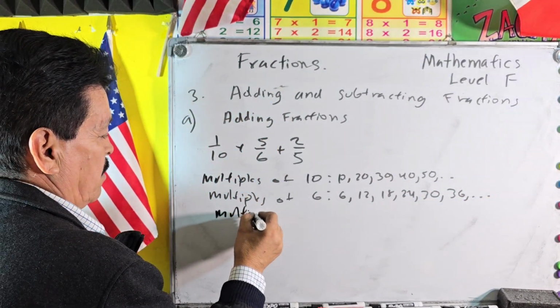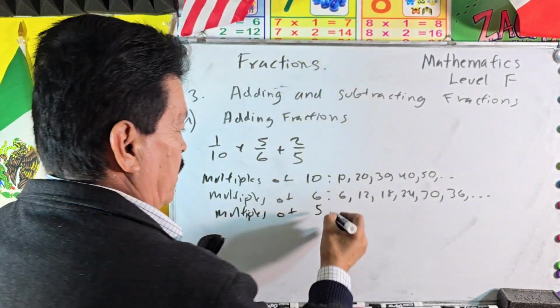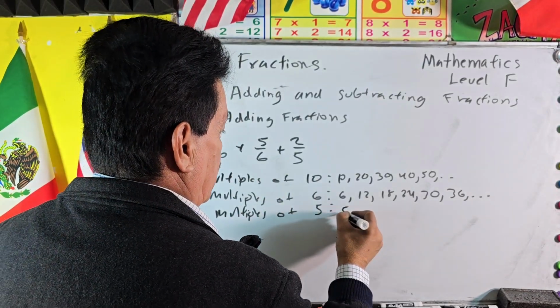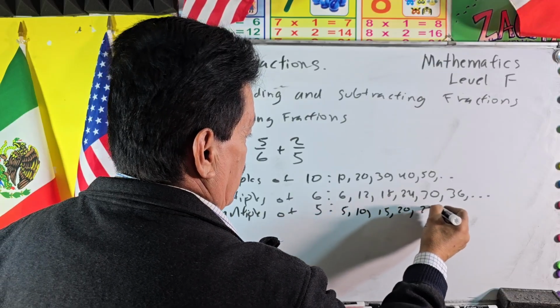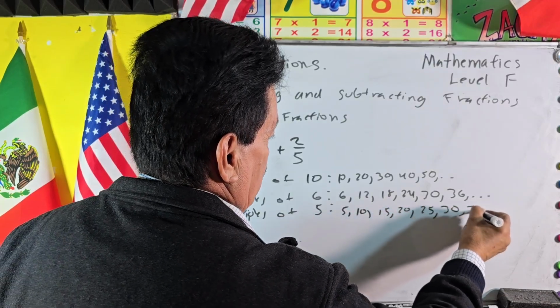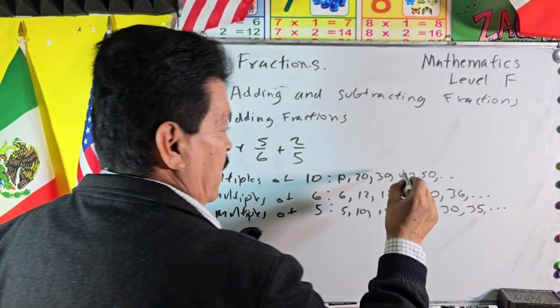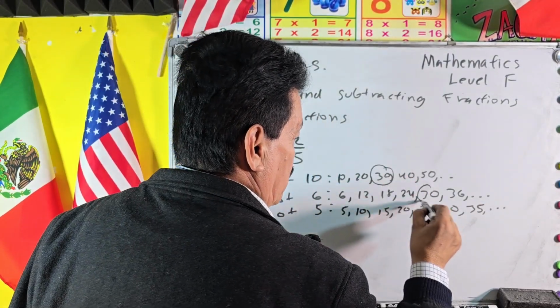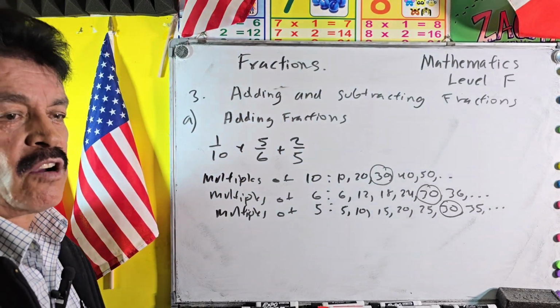Multiples of 5 too. We have to find the common. I already see right here what the common number is, 30. 30 is the common number.